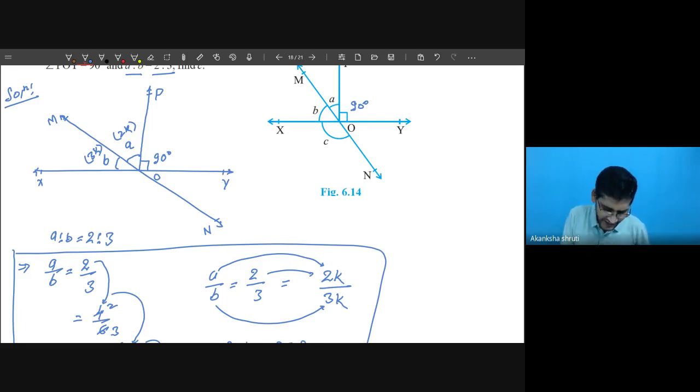Now, after getting that, what do we get? You must consider one of the straight lines and find the value of K. So this is the straight line that can be taken. The sum of B plus A plus 90 is equal to 180 degrees. Then B can be substituted as 3K, A can be substituted as 2K, so 3K plus 2K plus 90 is equal to 180.